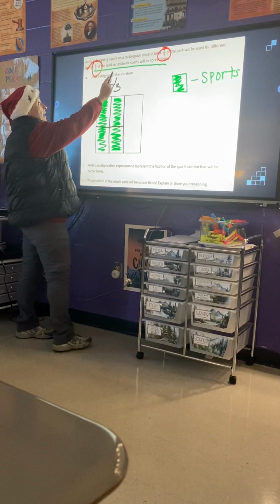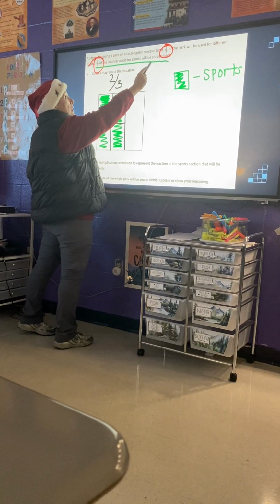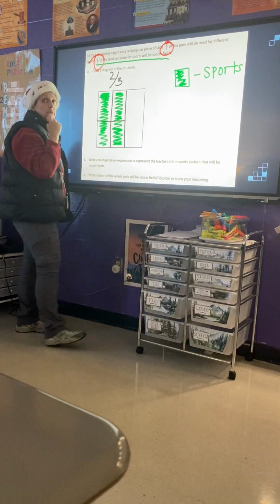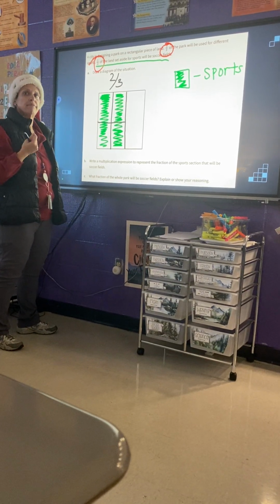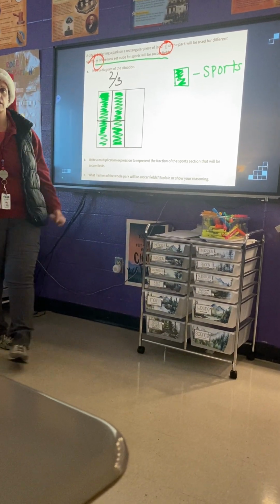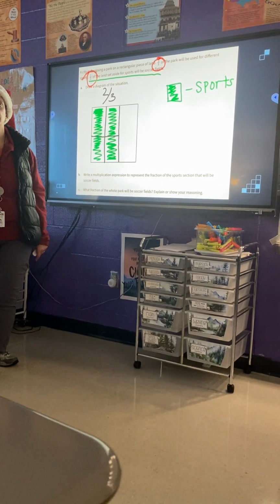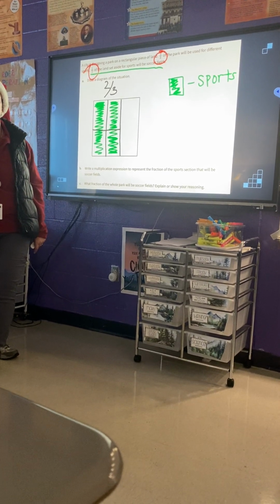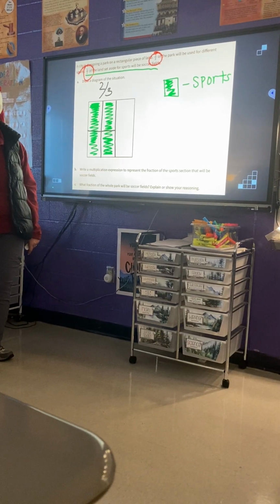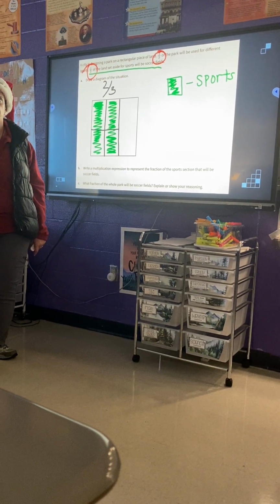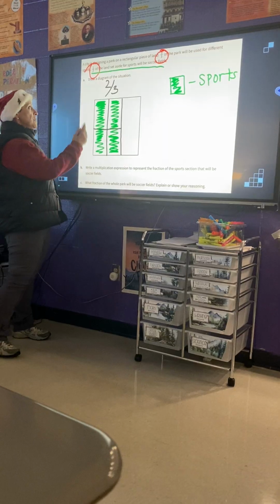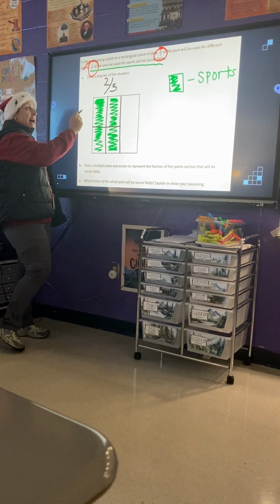One half of the land set aside for sports will be what? Kason, what's it? I never said basketball. What did you say? Soccer field. Okay, listen. Soccer fields. So half of that.